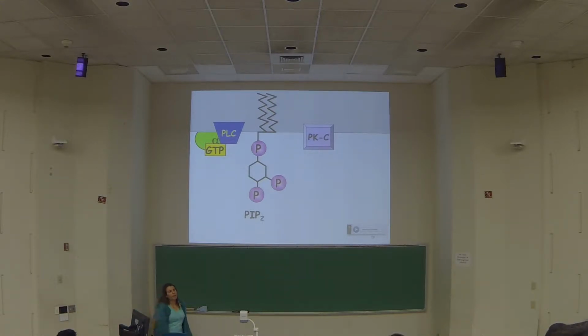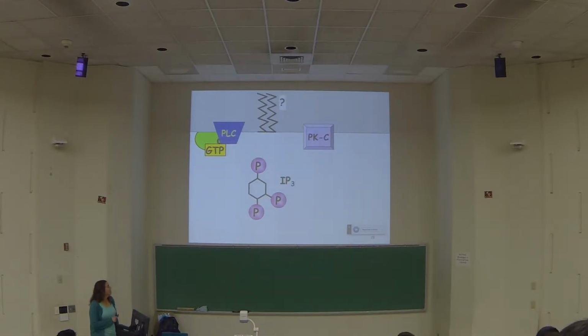When activated by our alpha GTP, phospholipase C cleaves PIP2 into two molecules. One is this IP3, so our inositol 1,4,5 triphosphate, which then is released into the cytosol. And then we have this bit of that molecule that's left in the membrane. That should look familiar to you.